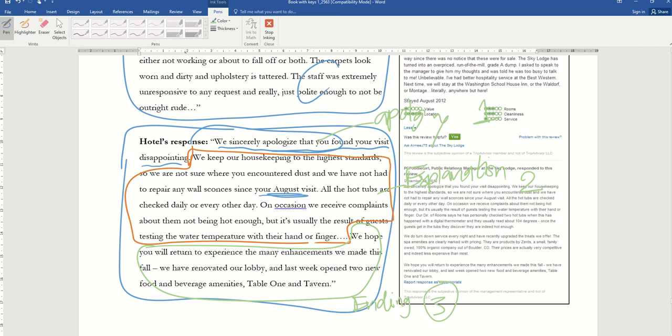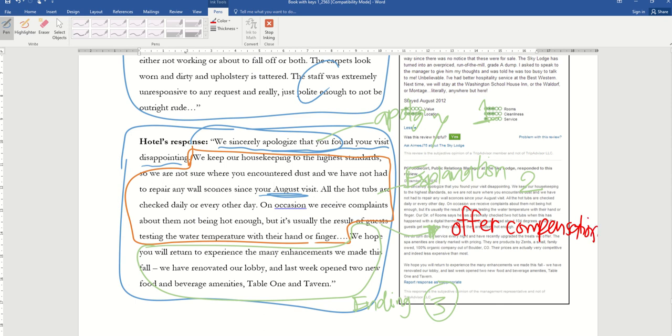If they need to provide or offer compensation, just add it here after the explanation.